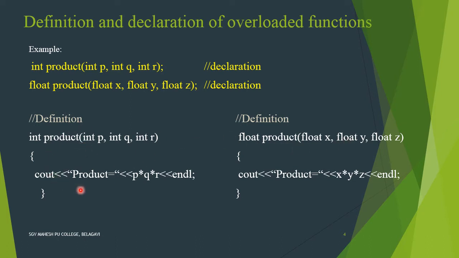So this process is called defining the overloaded function, and this process is called declaration of an overloaded function. Remember, like we declare our variables before using them in a program, the same way we need to declare and then use it in a function for the definition of an overloaded function.